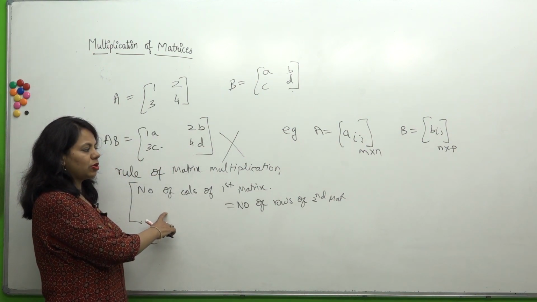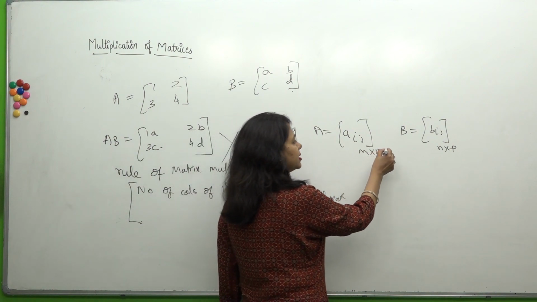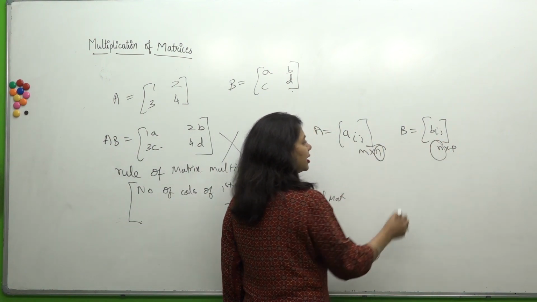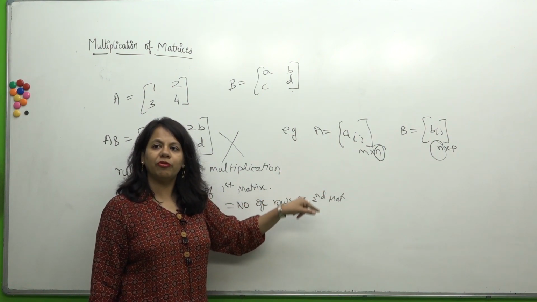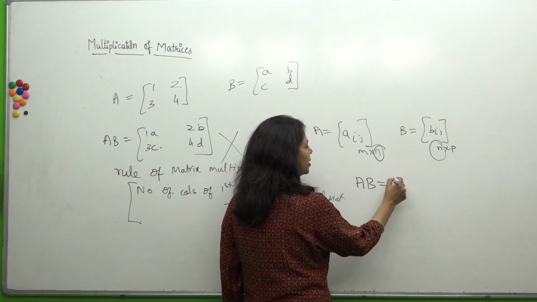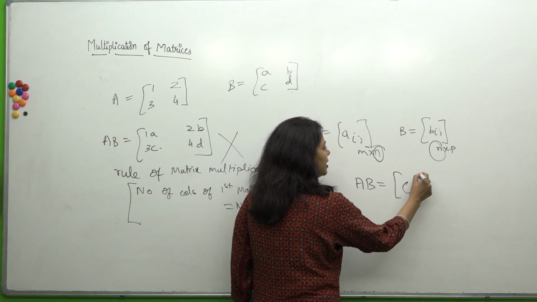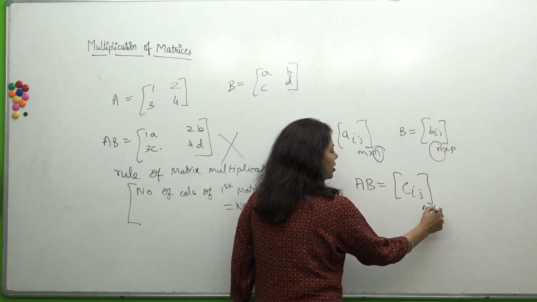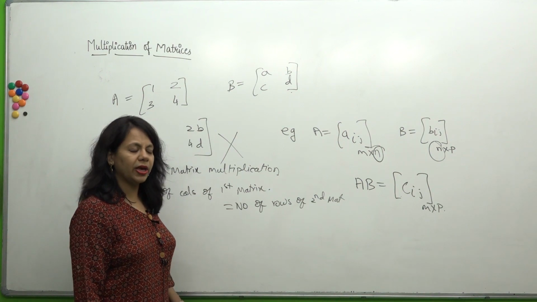Number of columns of first should be equal to the number of rows of second. So that means the number of columns of first and the number of rows of second are equal over here. So I can perform matrix multiplication. Now when I perform matrix multiplication, the resulting matrix that I would get is Cij, which would be what? M cross P.